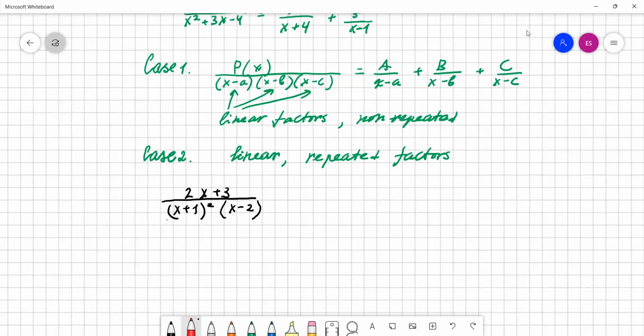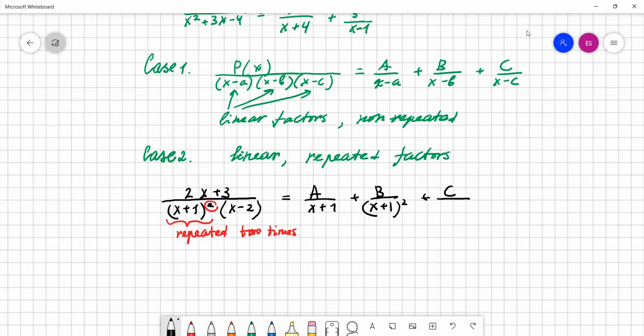I'm going to label this one as repeated twice. How it's going to affect our solution? Well, not much actually. For repeated factor, we are going to have two fractions, a over x plus 1 and b over x plus 1 squared. For non-repeated, which is x minus 2, we're going to just have c over x minus 2.